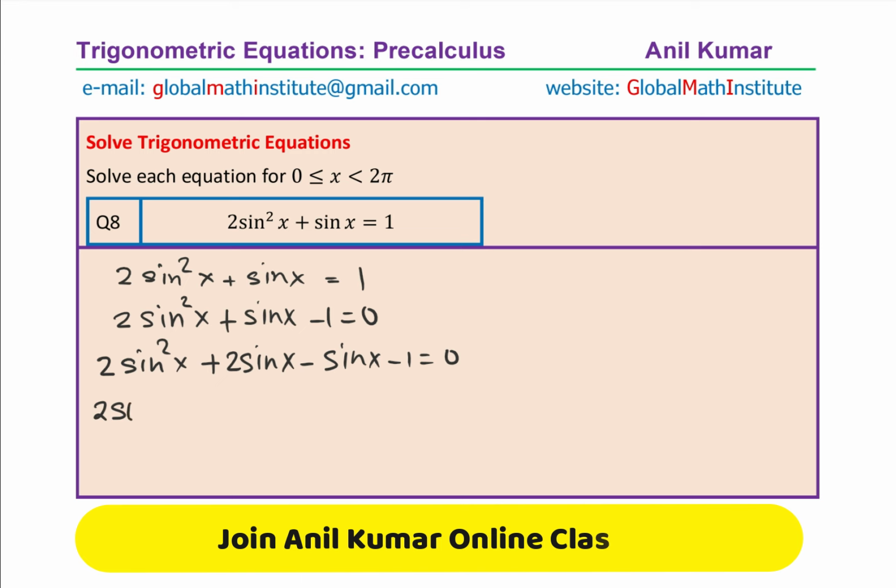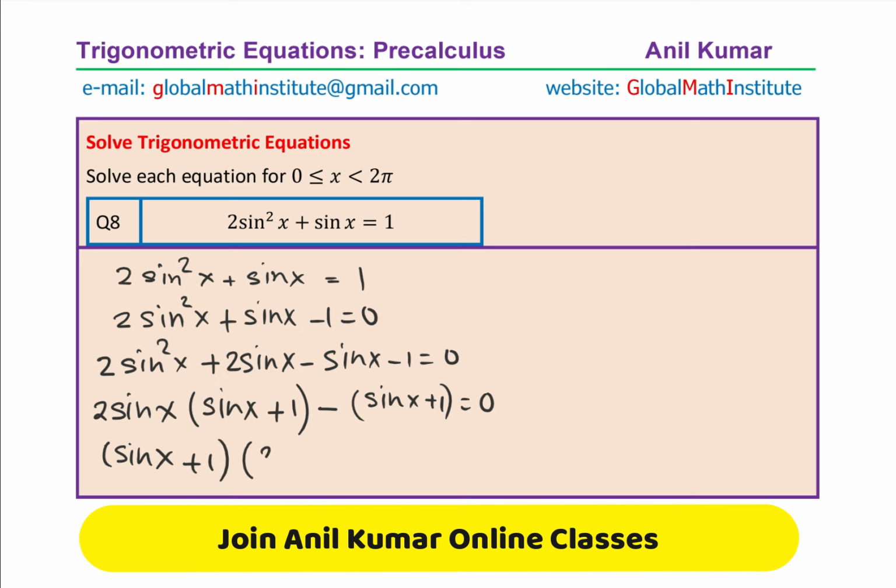Now 2 sine x is common in the first two terms. We get sine x plus 1, and here we have minus common, giving us sine x plus 1 equals 0. Sine x plus 1 is now common, and we get 2 sine x minus 1 equals 0. So that gives you two different equations to solve.